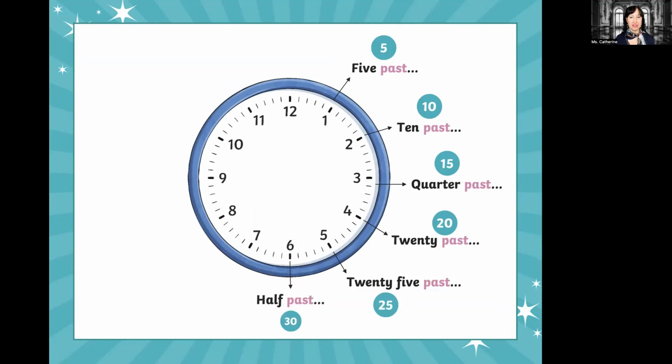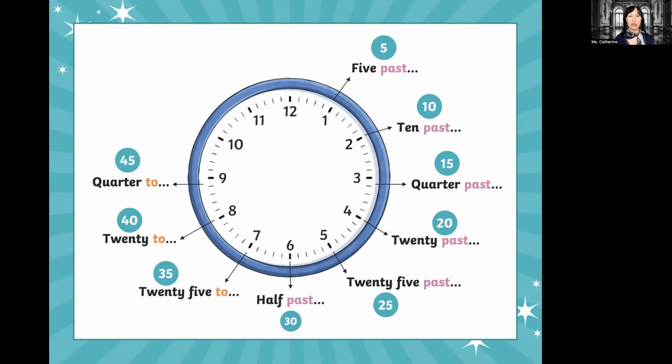Half past. 25 to. 20 to. Quarter to. 10 to. 5 to. AM or PM would be the o'clock. So we can say 12 o'clock in the evening or 12 o'clock in the morning.